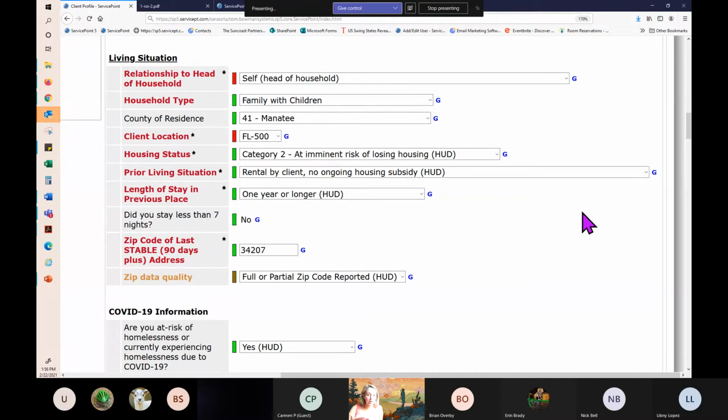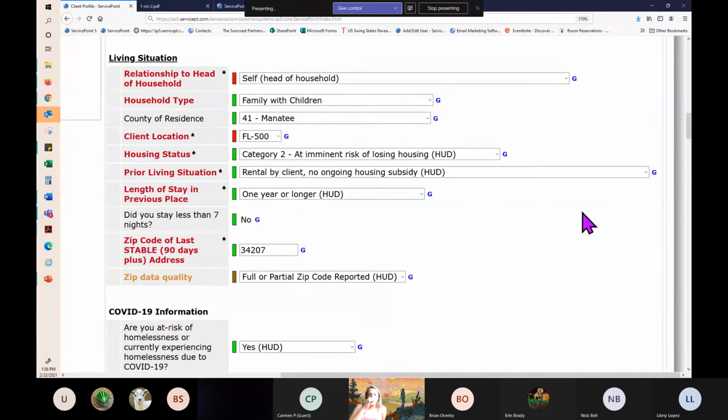We are triaging clients based off of the data that you enter. So please keep that in mind when we're collecting this information. This isn't specific to access points at all. This is for the whole CoC and every project that you work in. We are relying on your data to tell the story of the client.